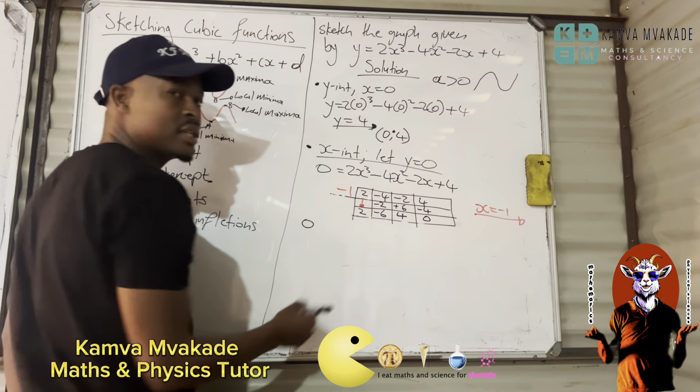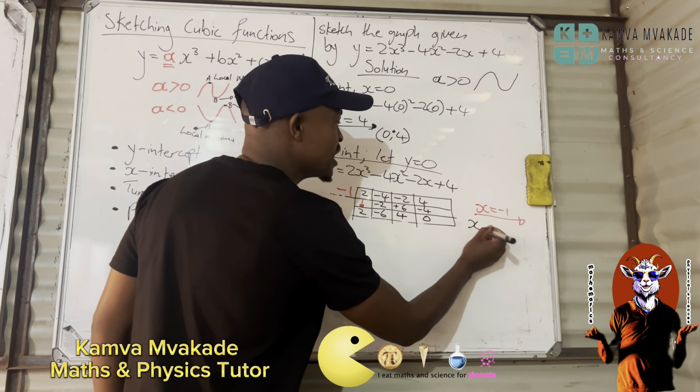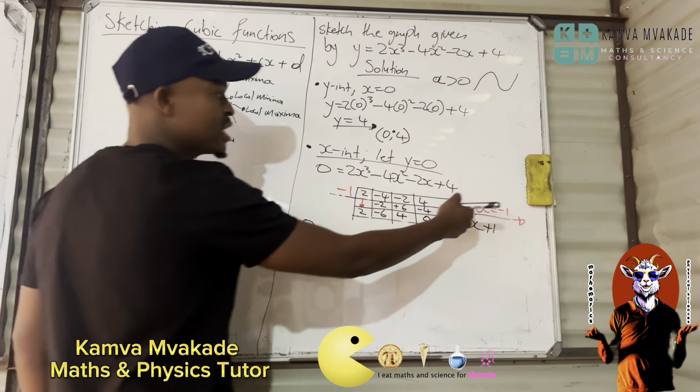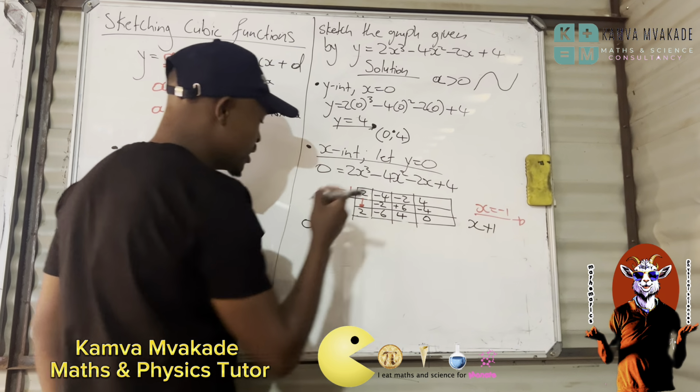Because if it's like this, it's a factor. So if it's a factor, when we transpose 1, we get x plus 1, because x equals negative 1, so 0.